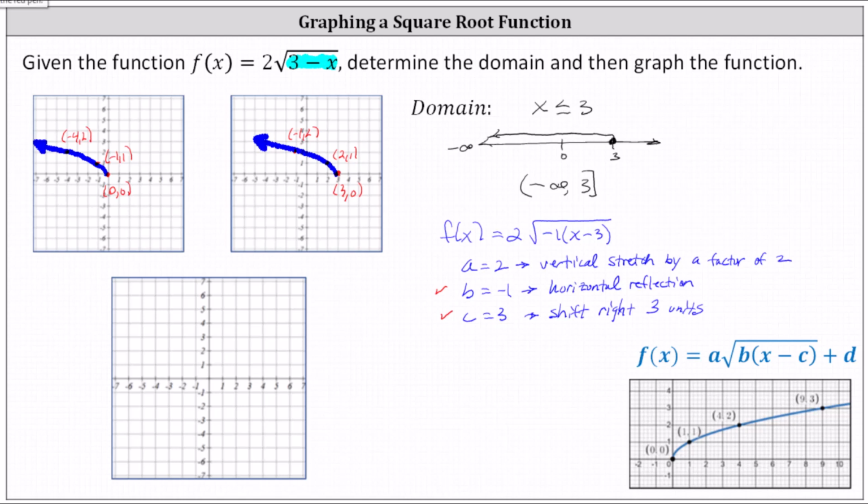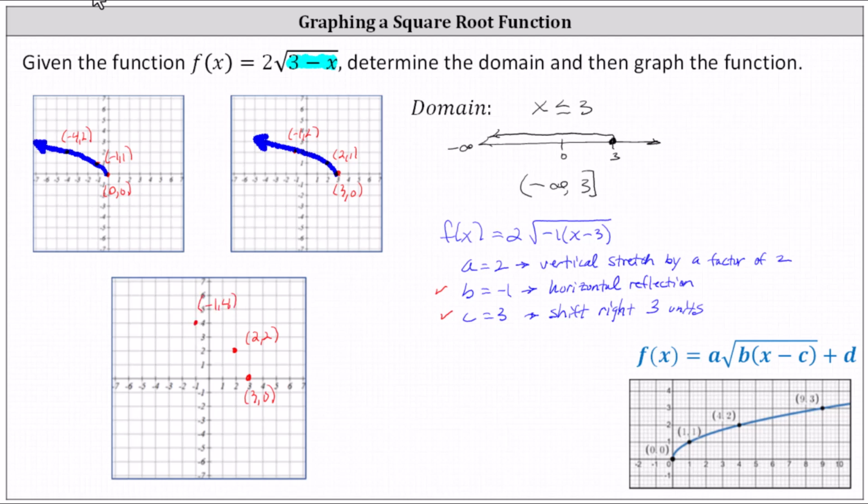For the point 3, 0, because 0 times 2 is still 0, the corresponding point is still 3, 0. For the point 2, 1, the corresponding point is 2, 2 times 1, or 2, 2. And finally, the corresponding point for negative 1, 2 is negative 1, 2 times 2, or negative 1, 4.